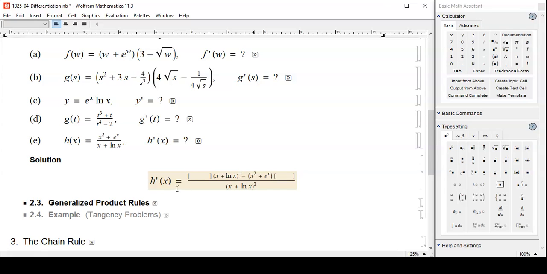Alright, what derivatives do I fill in? Derivative of the numerator here. 2x plus e to the x power. How about here? Derivative of the denominator. So this is 1 plus the derivative of the log function, 1 over x.